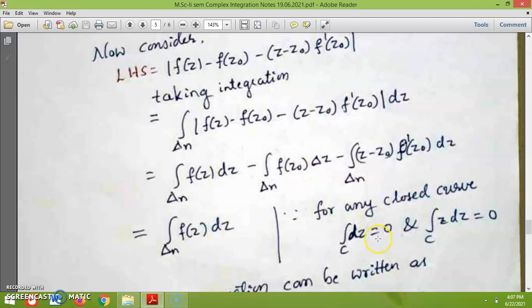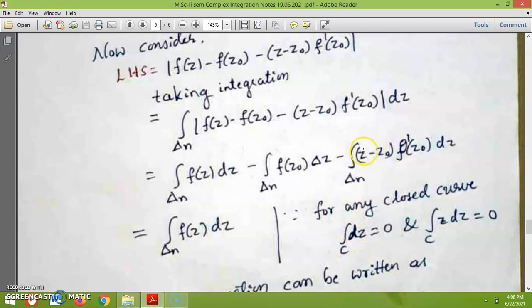Then we have this constant into the integration of dz over delta n, which is 0 there. Because for any closed curve, since its initial and final points coincide, both results are the same, so it gets 0. That is why the integration of any function over a closed curve is 0 there.